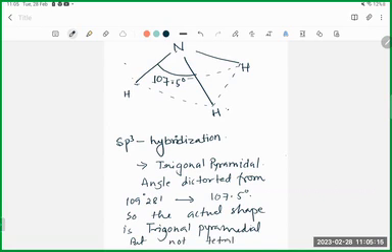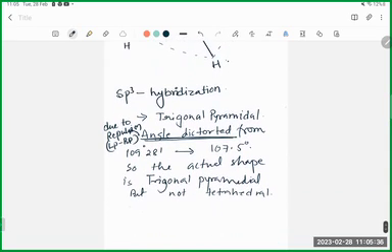Did you understand? This angle distortion is basically due to repulsion. And where does the repulsion take place? Between lone pair and bond pair. Did you understand? What do you mean by LP and BP?